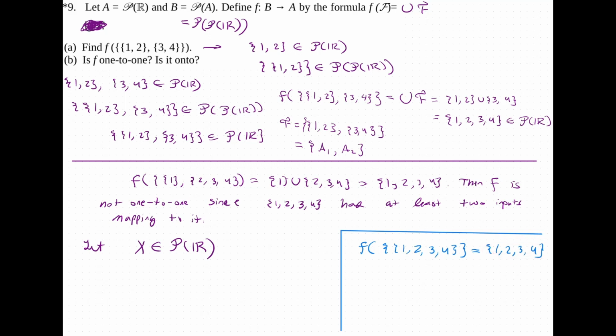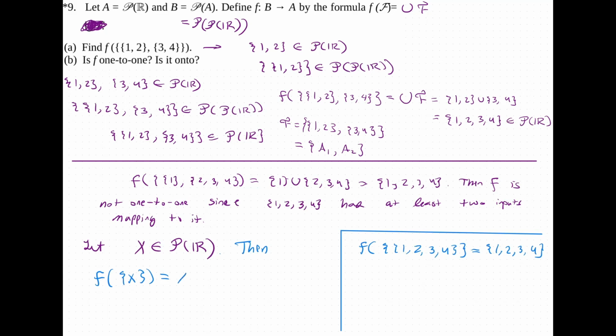And so now we have X is in the power set of the real numbers. And what we are going to do is do the same example, but now put curly brackets on X. So let X be in the power set of the reals. Then f of {X}, so the set containing X, maps to the union of the family of sets, but there's only one set inside that family.